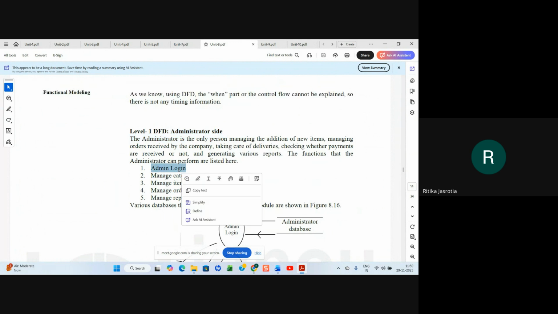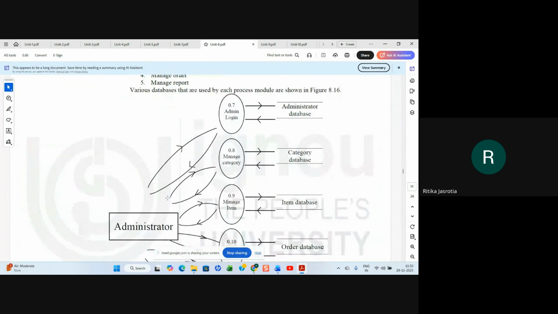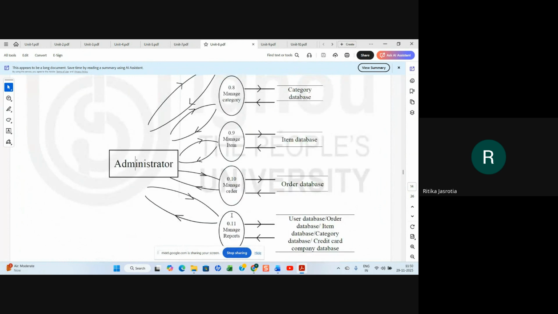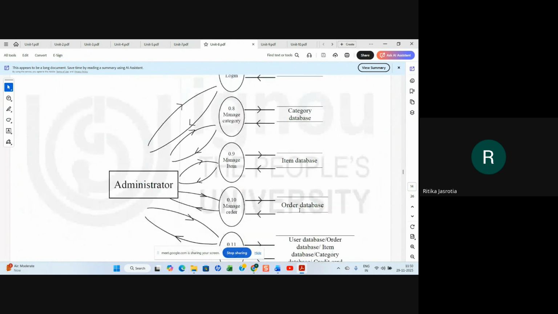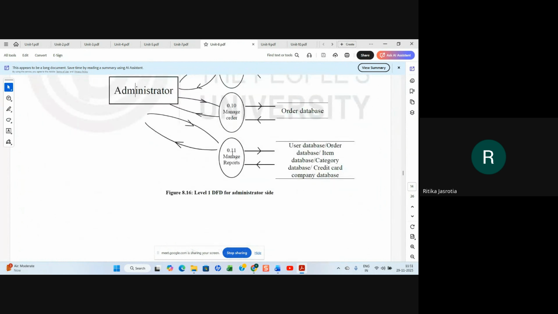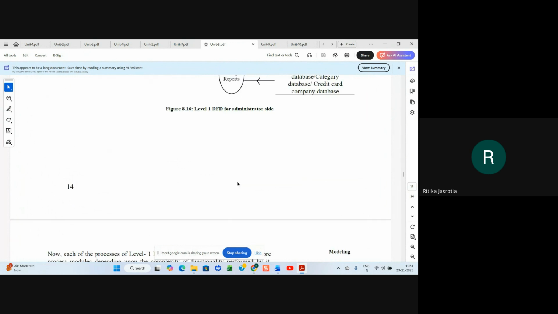Administrator can also log in, manage category, manage item, manage order, manage report. So from the administrator point of view, first level DFD is admin login, manage category, manage item, manage order, and manage reports. Admin login will have the administrator database connected, then category database, item database, order database, and reports. All the databases will give you the reports.